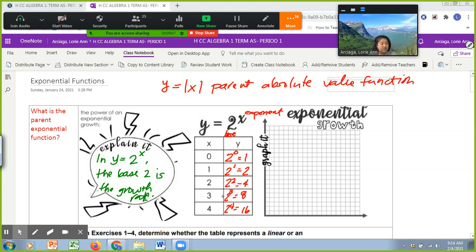In fact, we can simply say, to get the next number, you just double it. So that's the growth factor, the growth rate. So this is times 2, and then times 2, times 2, and so on. So even if we don't know how to simplify exponents, we can get what the values for y are.